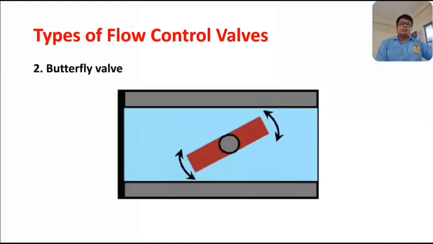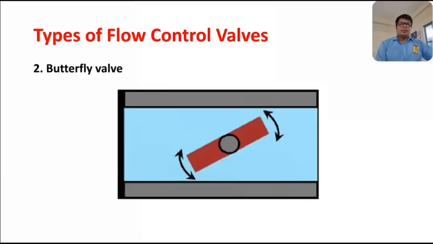The angle of the disc determines the restriction of the flow, and butterfly valves can be made of any size, and they are widely used in the control of gas flow. These valves have many types, for different pressure ranges and for different applications.